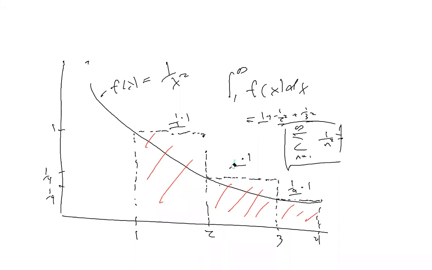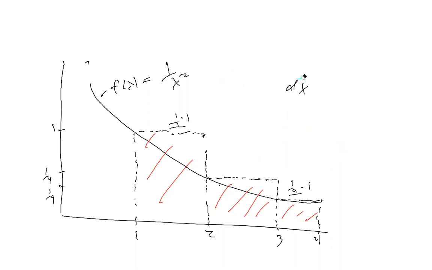Let's kind of erase this stuff for now. And I'll rewrite this. So let me just rewrite neater what we have so far. I'm trying to approximate my integral, the area under my curve of 1 to infinity f of x dx. I can see that if I add up all these rectangles, it's going to be an overestimation. So I have my integral is less than or equal to... Okay.